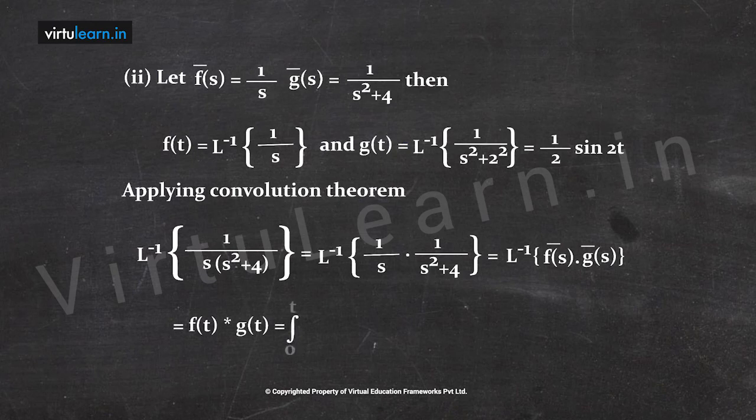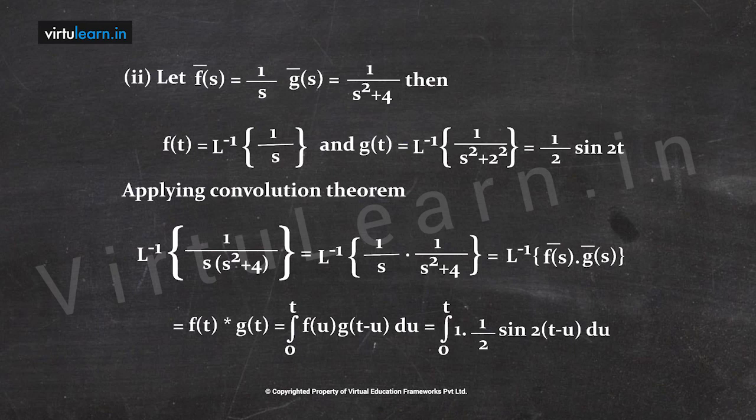Integral 0 to t f of u g of t minus u du equals integral 0 to t of 1 times g of t minus u. F of u means f of t value is 1, that's why f of u value is also 1, the same constant function. Then 1 by 2 into sine of 2 into t minus u, replacing t by t minus u because g of t minus u is required, into du.